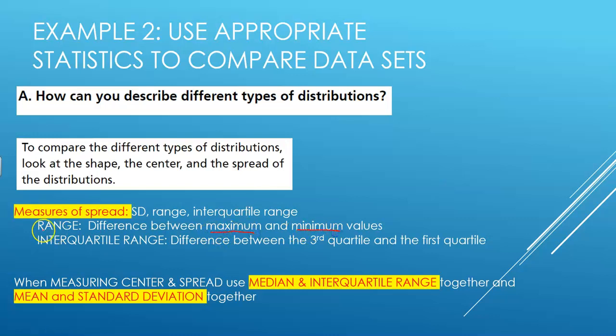Maximum, minimum. So put those in your vocabulary if you don't have them in already. Then the interquartile range is the difference between the third and the first quartile. So that gives you some more data points that you can use. And again, remember, when we're measuring the center and spread, median and interquartile range go together, and mean and standard deviation go together.